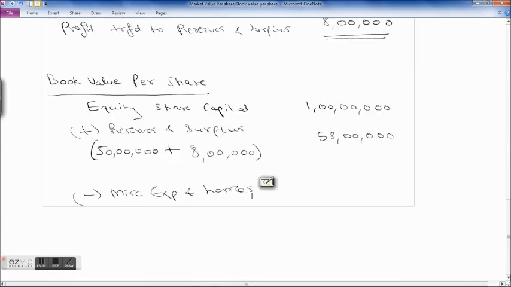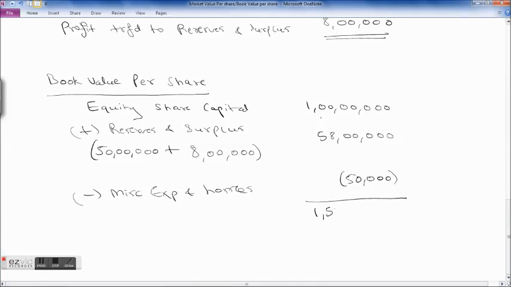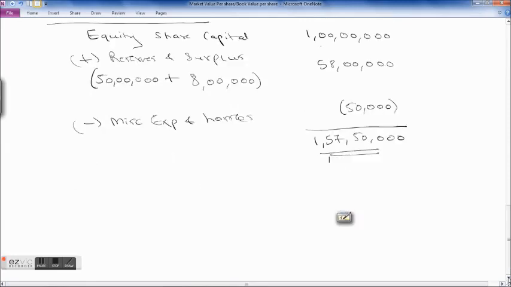So we have to reduce 50,000. How much is the total book value? 1 crore 57 lakh 50,000. Now we will calculate the book value per share.